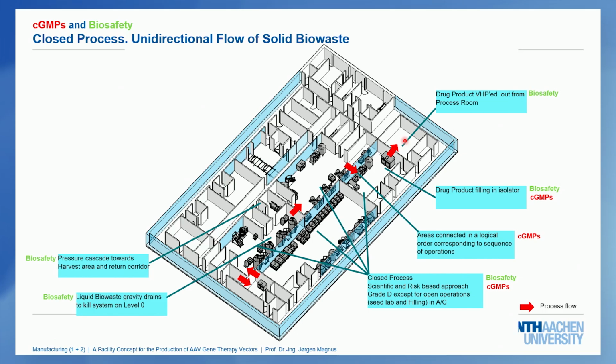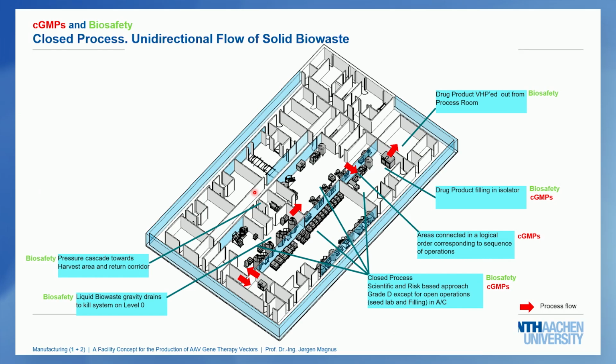Also the pressure cascades here, which means that you will always have a directed flow of air from inside the production rooms towards the waste corridor, especially when you load the autoclave for decontamination, where there will be much more open processing of liquids that are contaminated with virus.